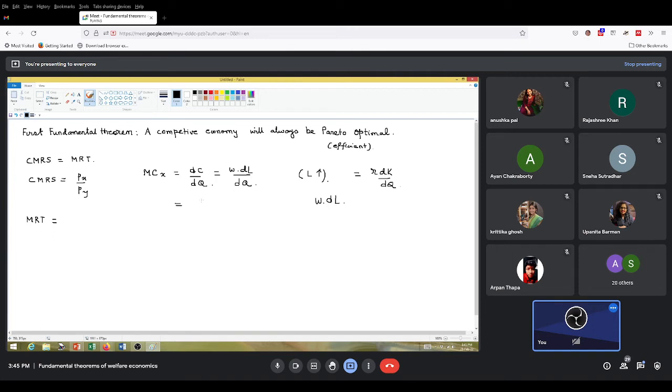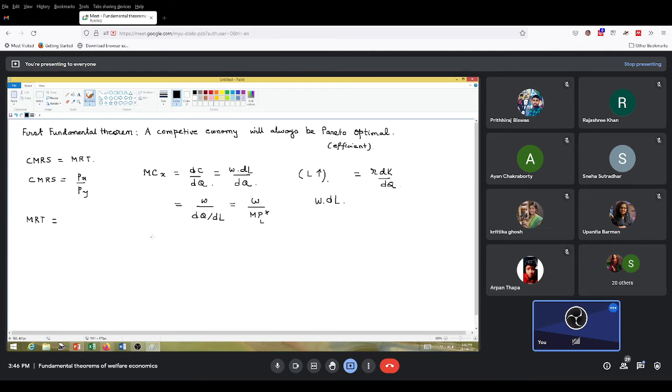Now what will it be, Wx? I've already told you that Wx and Wy are the same, so I don't need to write subscripts. So this is W, and what is this? The marginal product of L.